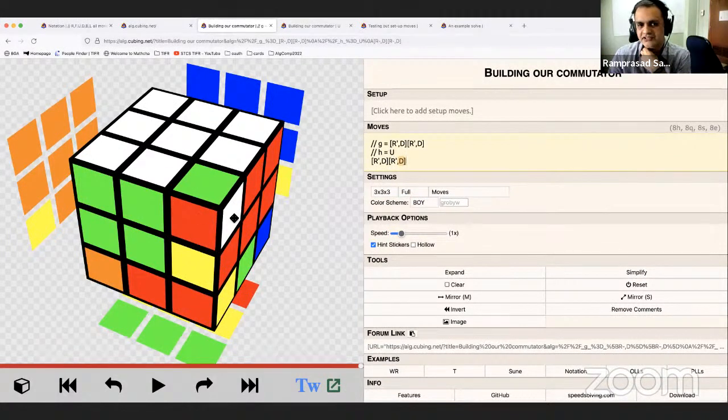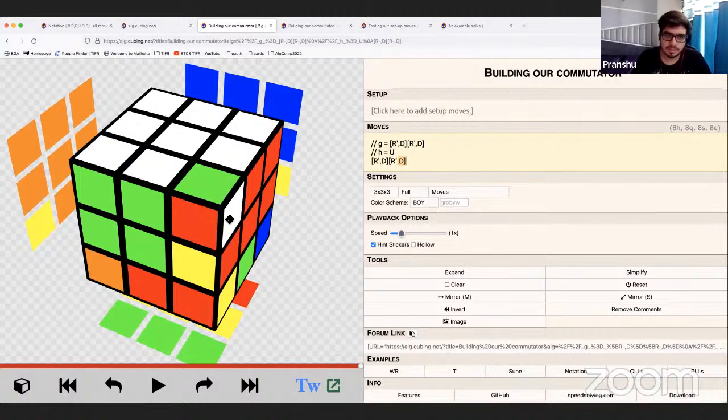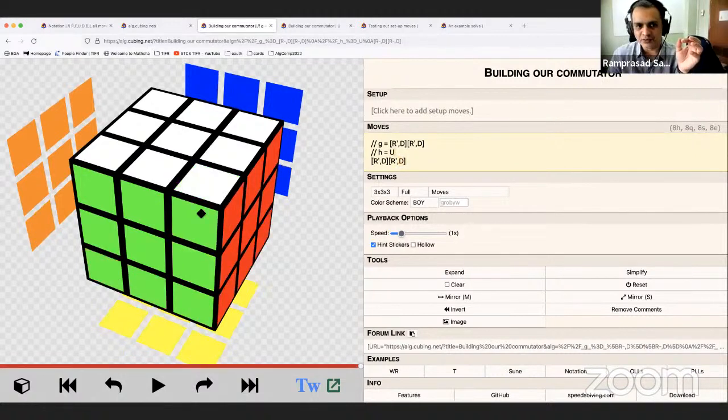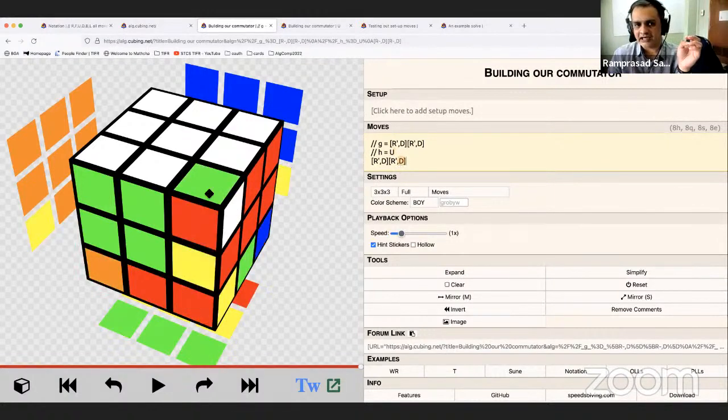What's the pre-image of this common piece under the move that we are just doing? It's basically the piece itself. It's the same piece, right? It just happens to twist in its own place. What used to be here was the white, green, red corner, and at the end of it, you still have the white, green, red corner. It's just in a wrong orientation.